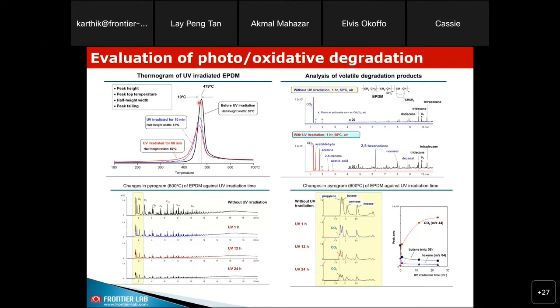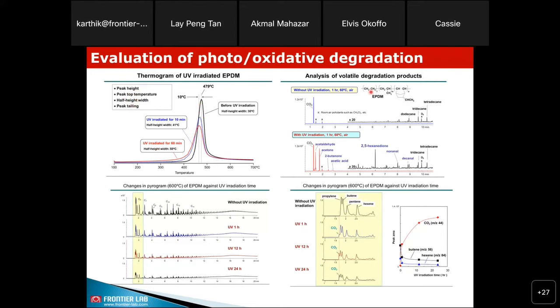It is evident that the peak apex height is different, and the peak tailing is also different. So the UV light is really affecting the EPDM. Then it is important to evaluate whether this is good or we have to have a different brand of EPDM for our application.